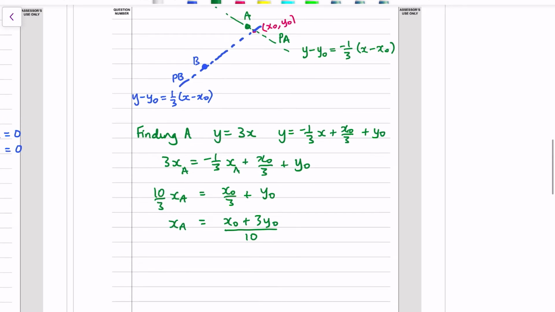Remember, we don't just want the point xA, we want the distance between the point P and A. So we also need the y value of A, which is just 3 times the x value.